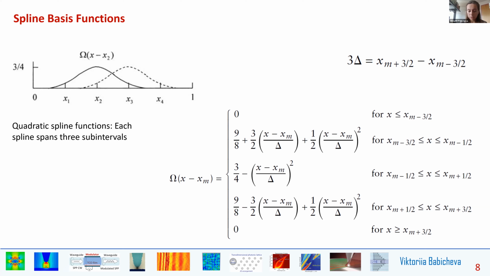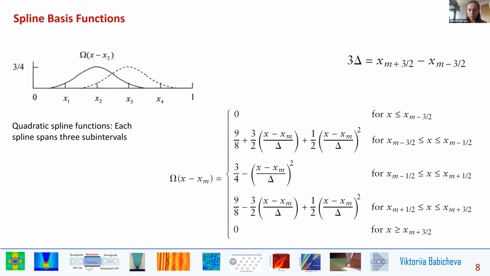And it is continuous and has a continuous first derivative, and it's smoother than the triangular function. So this is how we define the quadratic spline. And this is an example of the function for x minus x2.